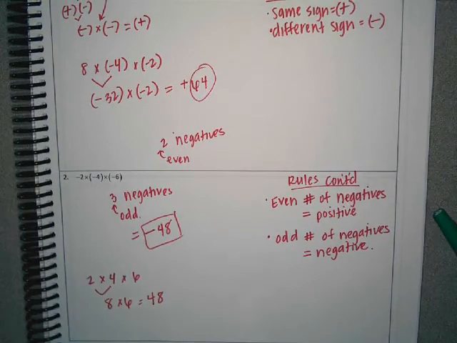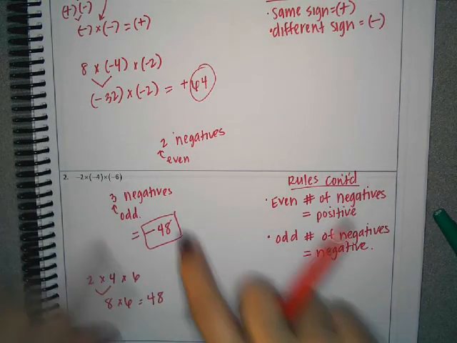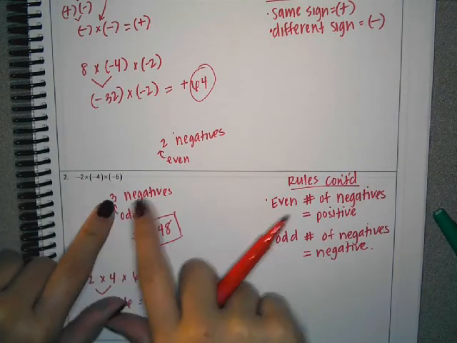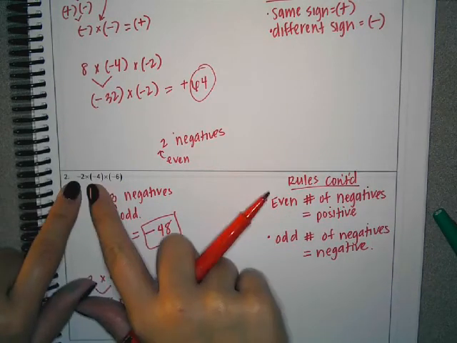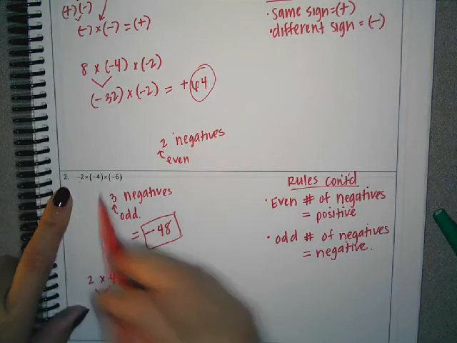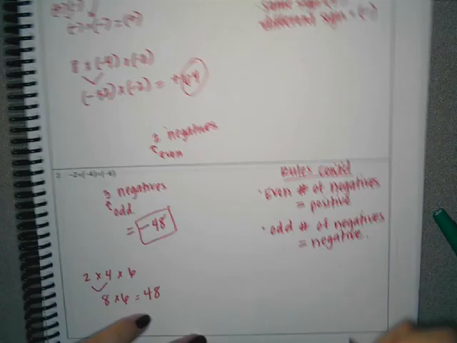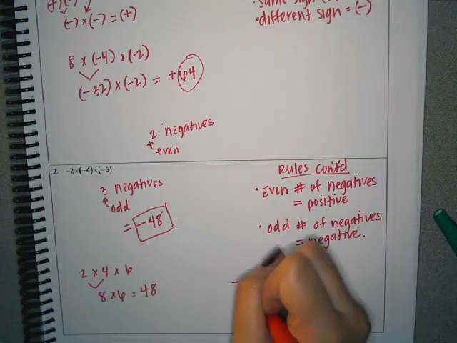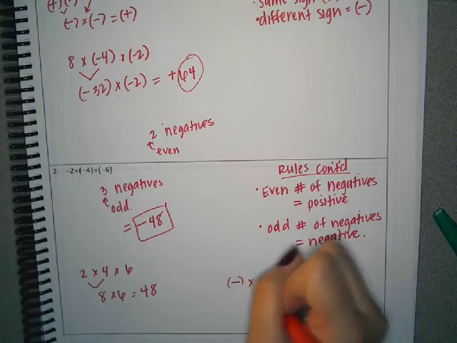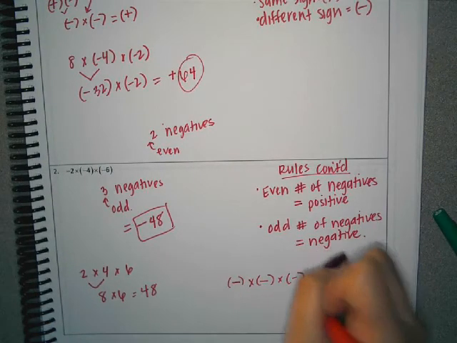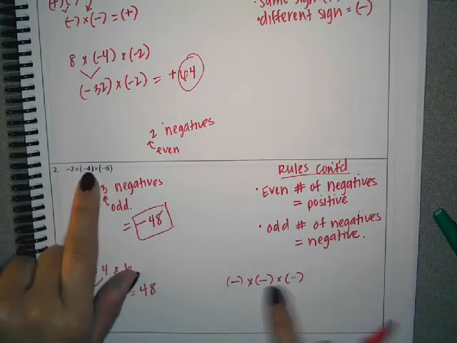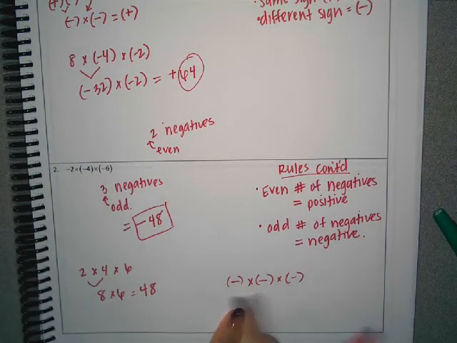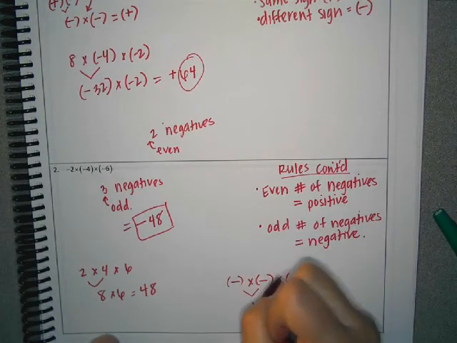If we want to check our answers and see, does this work for odd numbers of negatives? Do I get a negative answer? I can multiply. Remember, a negative times a negative. So if I want to do that down here, we have a negative times a negative times a negative, right? A -2, -4, and -6. So negative times a negative is a positive.